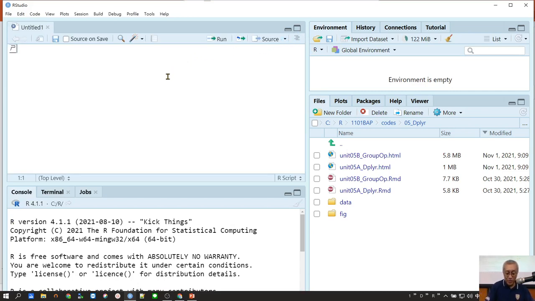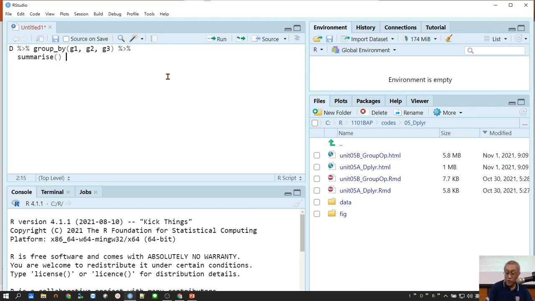So if you have a data frame called D, and then you group by G1, G2, and G3, and you do a summarize.